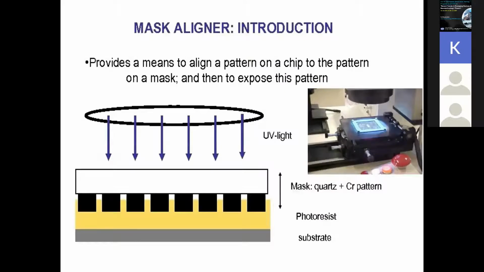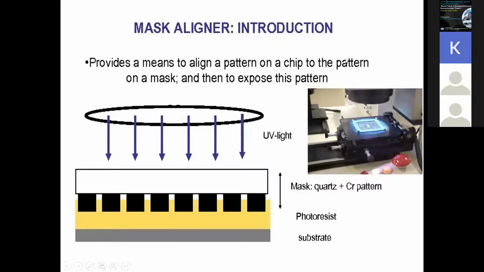Now comes the mask aligner. So obviously the mask aligner will have a source, which is mainly UV light. You have to place a substrate. There should be a substrate holder. And then obviously there should be a mask holder also. So a source on the top, then comes the mask holder where the mask will be placed, and at the bottom there will be a substrate holder where the substrate will be placed.